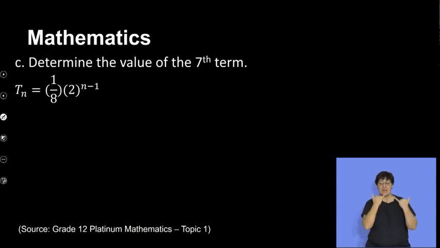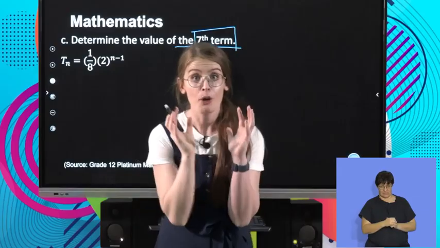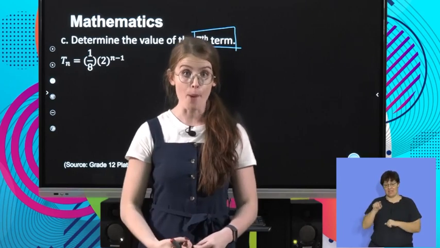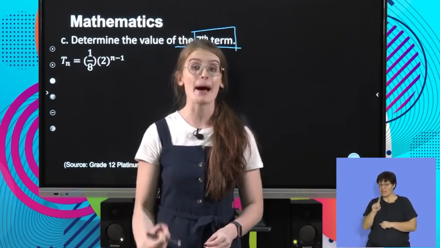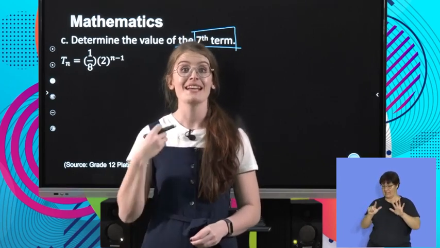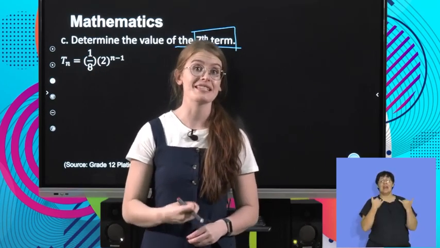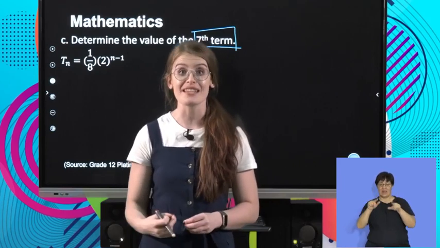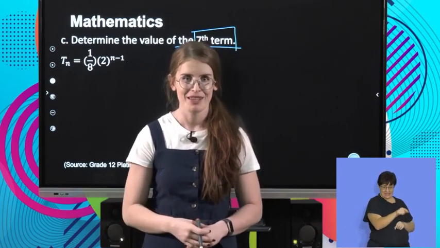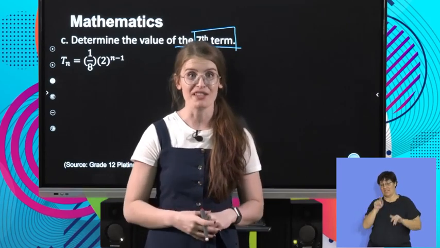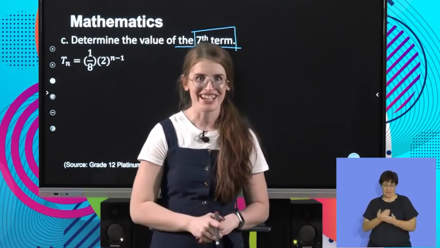We now need to determine the value of the 7th term. Cool. I hope that everyone's with me that the value of the 7th term means that the term number for this example is 7. So n is 7. So what I have to do is substitute n is equal to 7 into Tn. This is going to allow me to find the actual value of the 7th term. Let's do the calculation together.